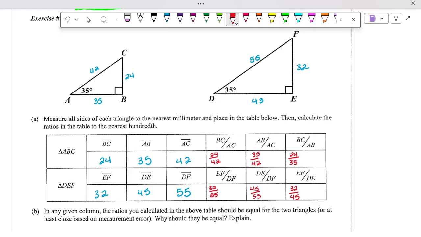So put all of these fractions in your calculator and then write down the decimal that you get to the nearest hundredth. So that's 2 decimal places. So take a minute and do that for all 6 of them.